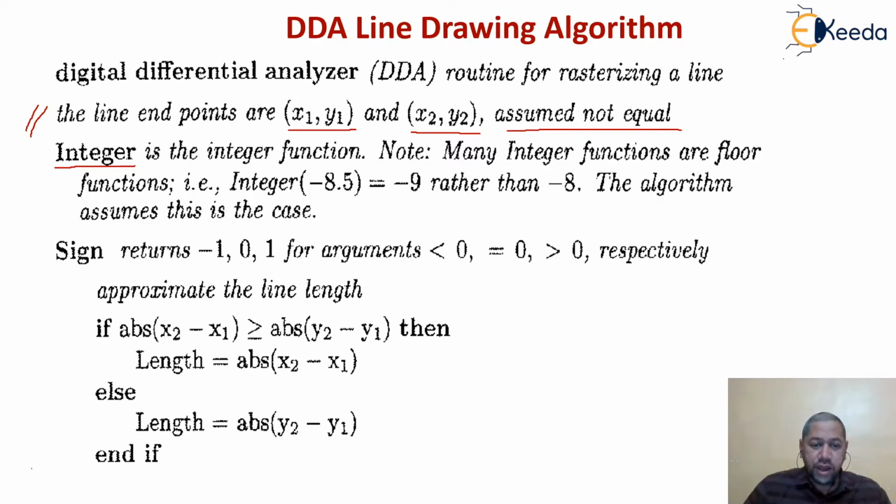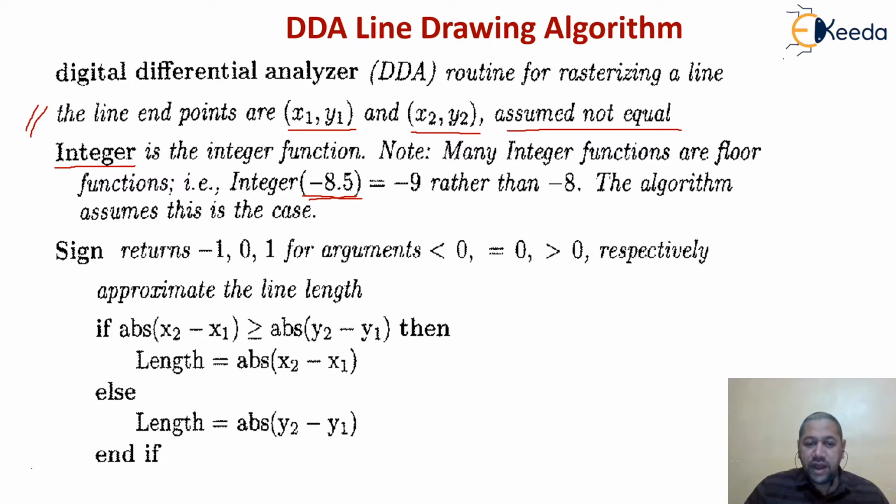Suppose I am passing the value minus 8.5 to the integer function. Then I will get the answer minus 9 rather than minus 8. This means I am not directly removing the fractional part, but making it a floor. If the fractional part is greater than 0.5, I convert it to the next value.